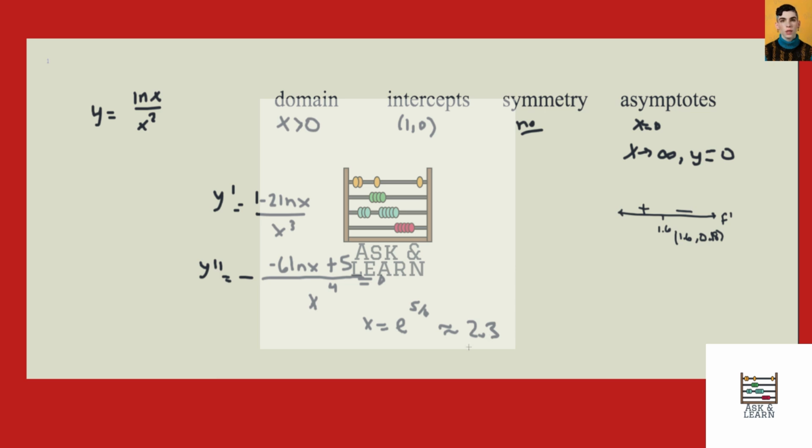Okay, and f of 2.3 is about 0.15. So our second derivative test tells us that at 2.3, if we test values into the second derivative that are smaller, we'll see it's concave down, and then concave up if it's above 2.3.